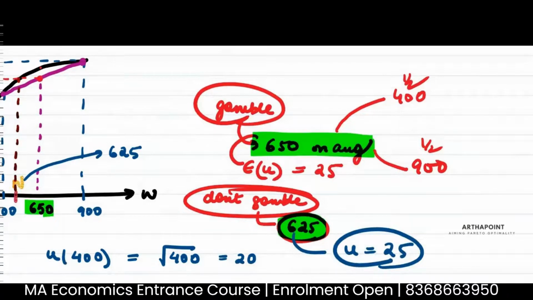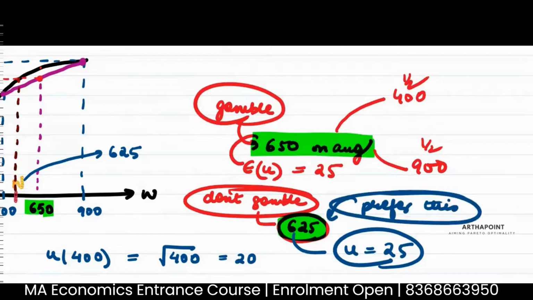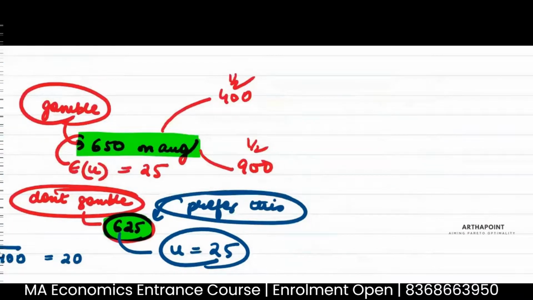So as a risk averse individual, I prefer this. This is better for me because here I have this 625 in my pocket forever. There is no gamble. On the other hand, there I don't have 650 with certainty. So even with less money, I am ready to sit with less money.